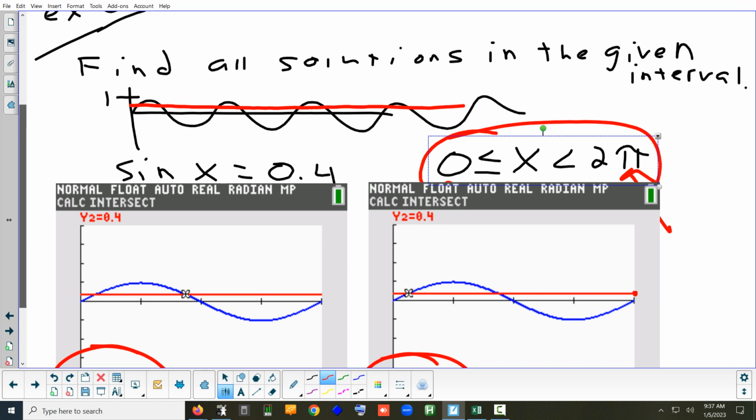Because technically, this point right there and that point right there are exactly the same point. It's like if you think about it in the cycle. That's the beginning of the cycle. That's the end of the cycle. But technically, that's also the beginning of the next cycle. So we don't want to include both the left and the right edge. Just the left edge.